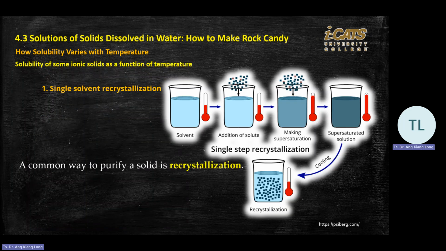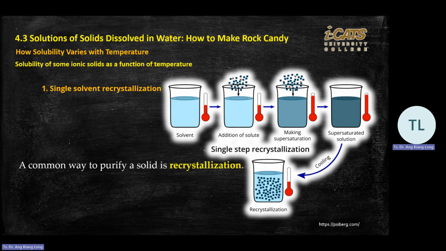Okay. So solubility of some ionic solid as a function of temperature. So how do you find it? One is single solvent crystallization. This is how to form a crystal from an ionic compound.